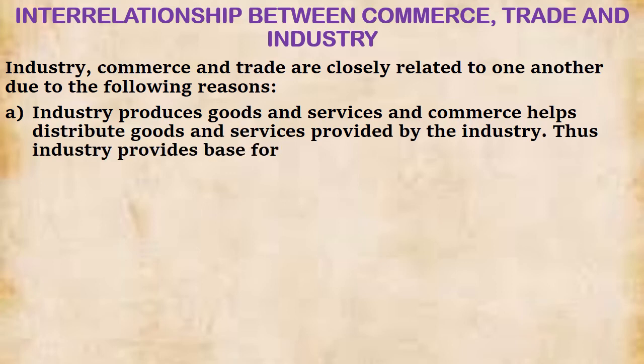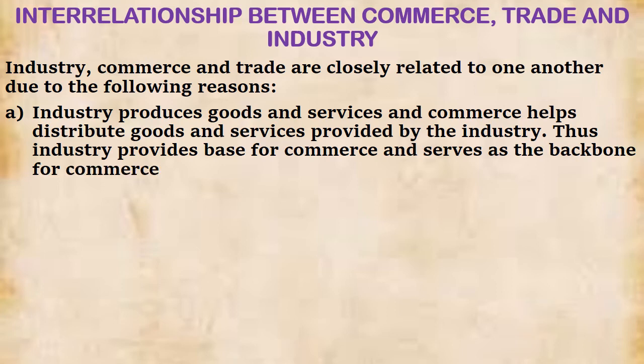Thus, industry provides the base for commerce and serves as the backbone for commerce. So industry produces goods and services, and commerce helps to distribute. Industry is the base for commerce, because unless there is production of goods, there cannot be distribution of goods.